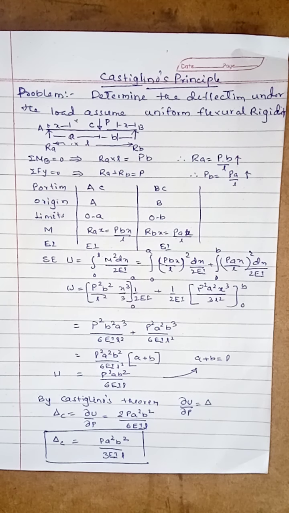The answer is P A square B square divided by 3EI L, the solution for the deflection at the point of application of the load. Okay, we will continue in the next video.